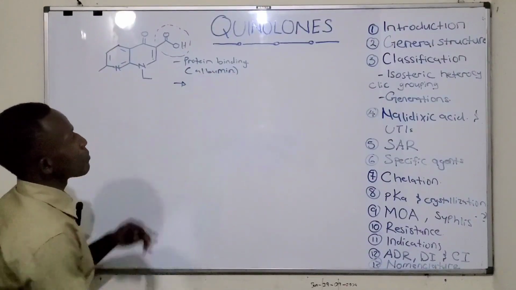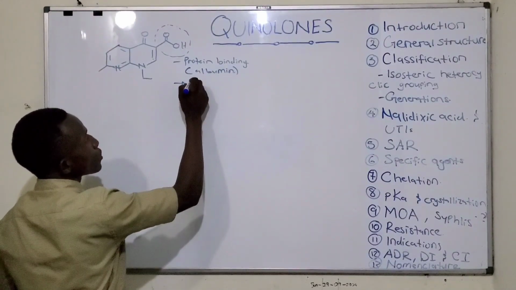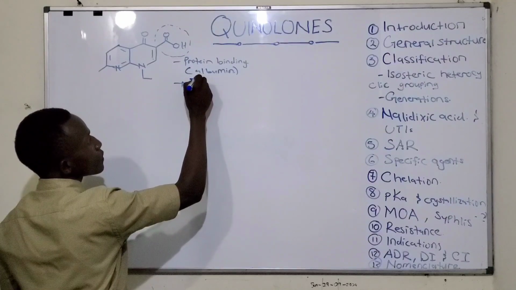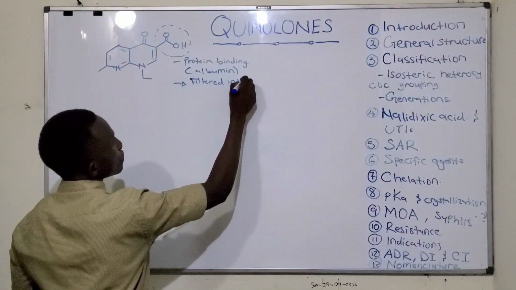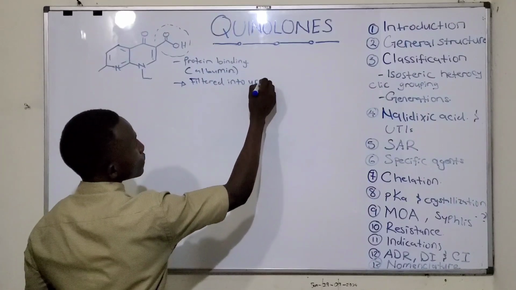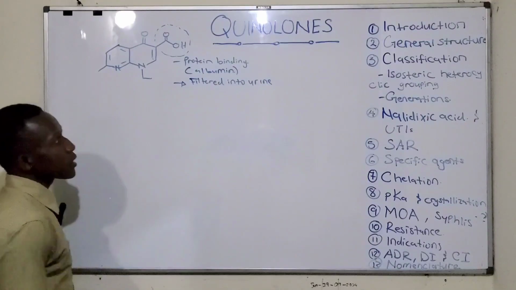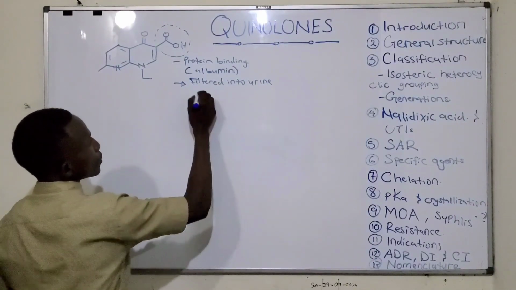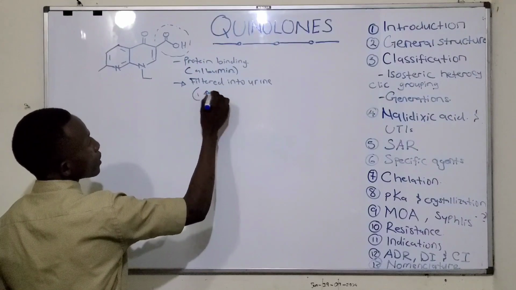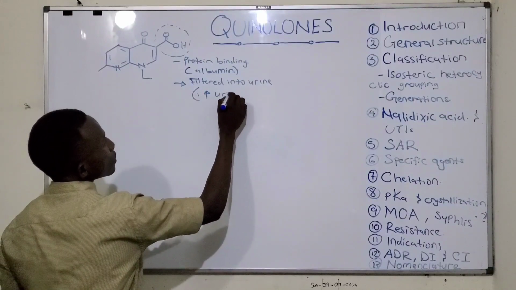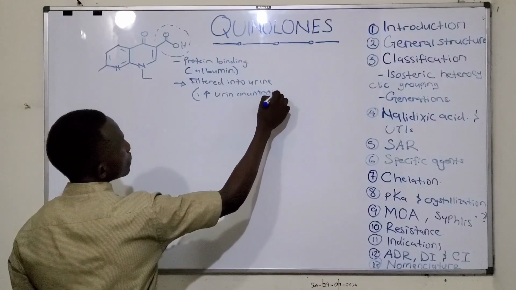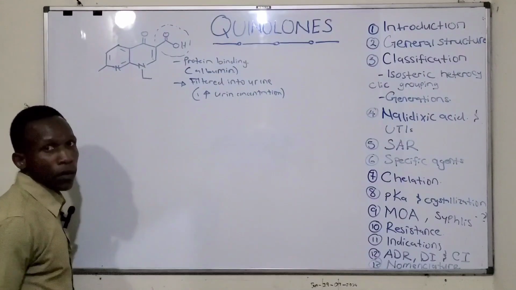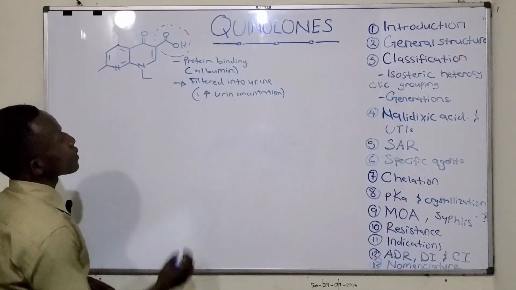Since it binds to albumin, much of it is filtered into urine in the kidney. So it has high urine concentration. It increases the urine concentration.